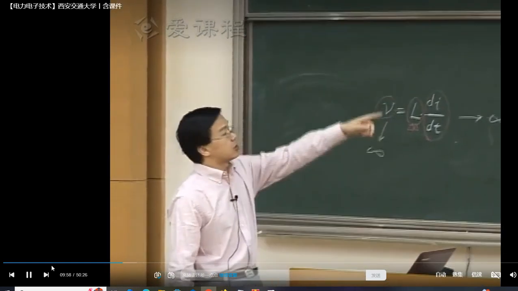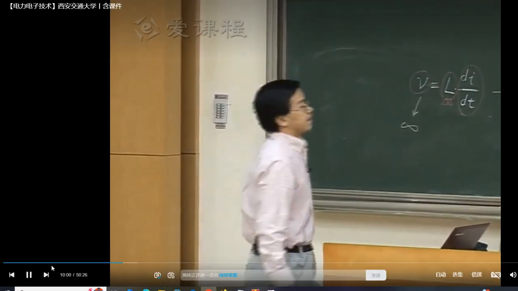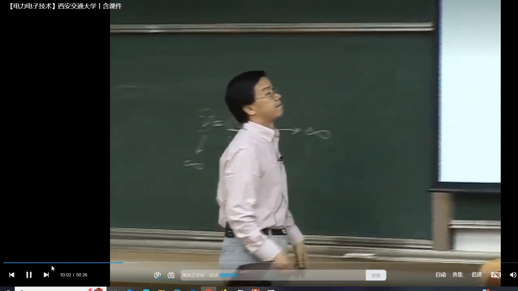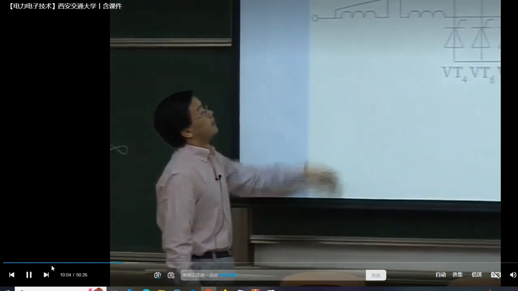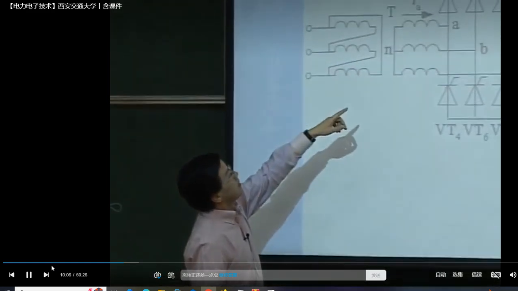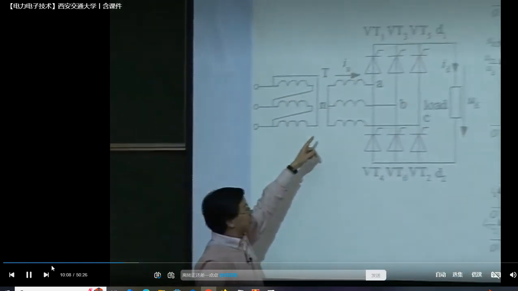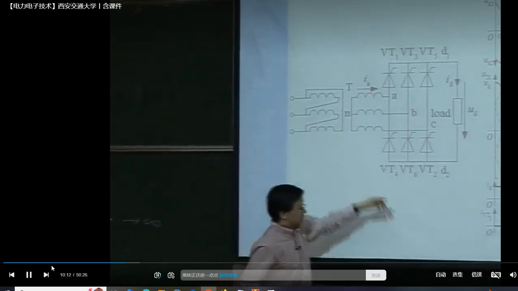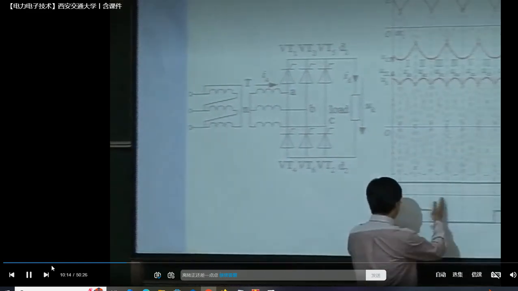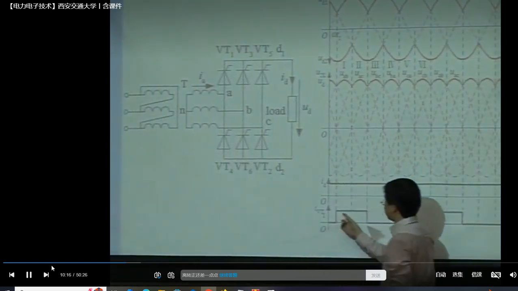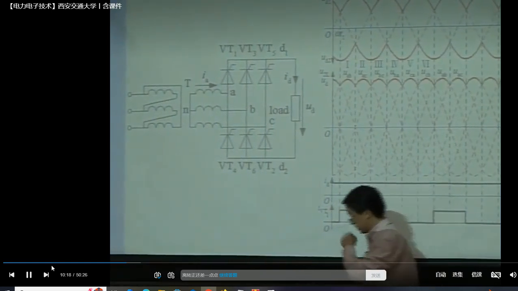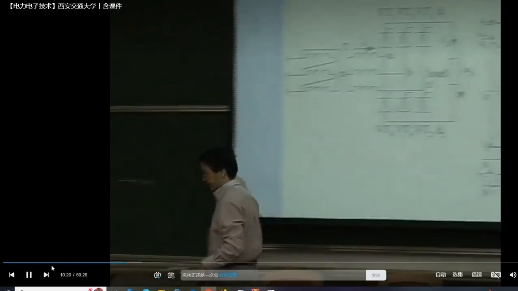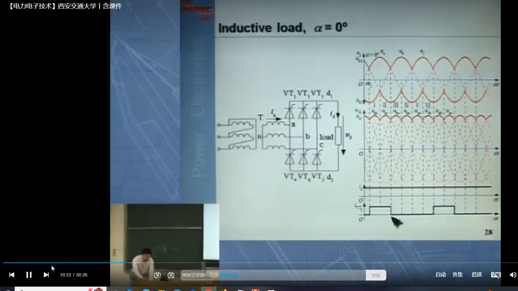Now let's look at this circuit here. The current IA should be equal to, during this time interval here, IVT1. Let me use another picture, it's more clear.